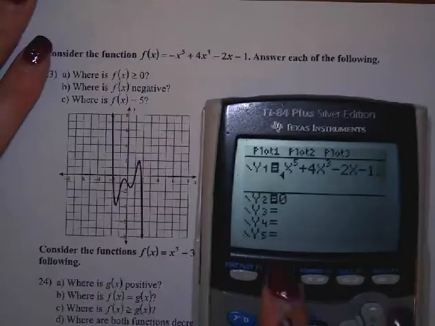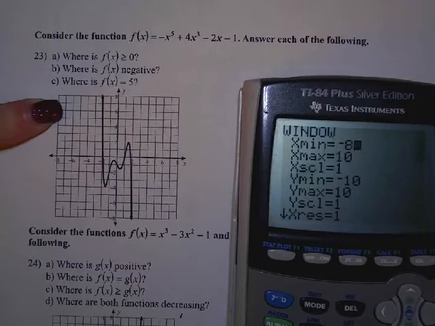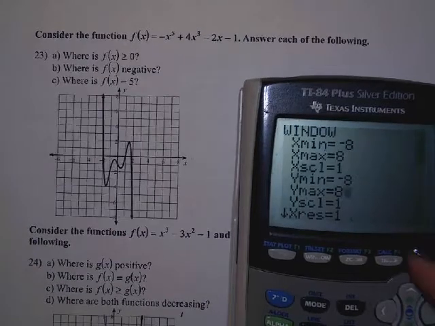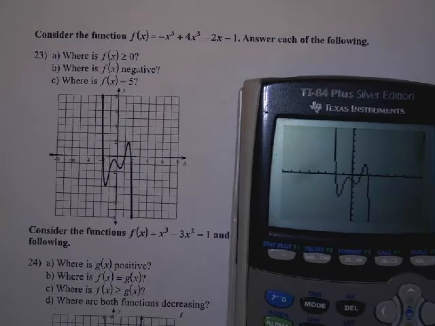If you want to set the window so it's identical to this graph, you can. I'll just change it to -8 instead of -10, so make them all 8 so that they match. It should look the same as long as I didn't have a typo on the worksheet. Yep, there we go. Okay? It can always happen.